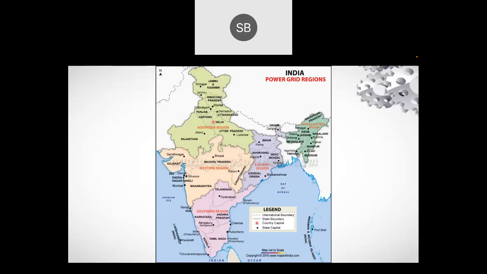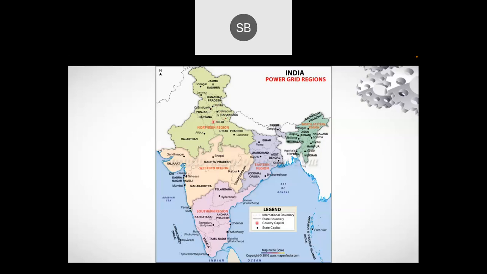There are generally five regions: the northern region, eastern region, western region, southern region, and the northeastern region. As you can see, the different states are classified into these regions, and whatever power plants come under a particular region will be connected to that regional electricity grid. Those are called the electric grids or the electricity grid, or we can say the power grid. Sometimes it is also called the power grid.